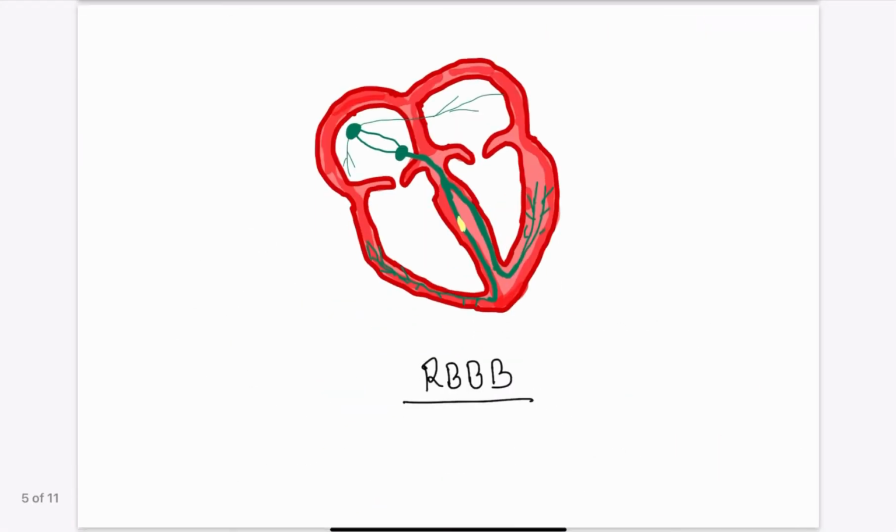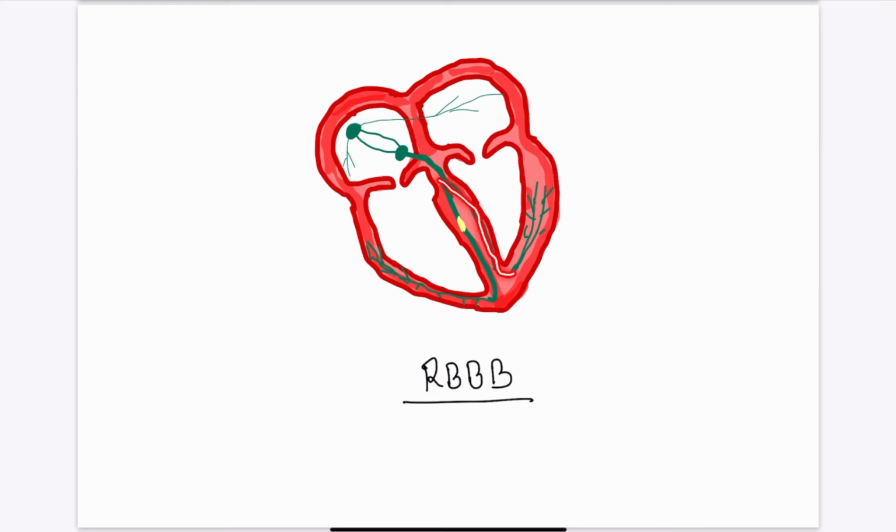Now, if we look into this picture, the right bundle branch is affected, so this is right bundle branch block. In this case, the signal is generated from the SA node. This contracts both atria, then it moves to the AV node and then to the bundle of His, and from the bundle of His the signal moves to only the left bundle branch because the right bundle branch is blocked.